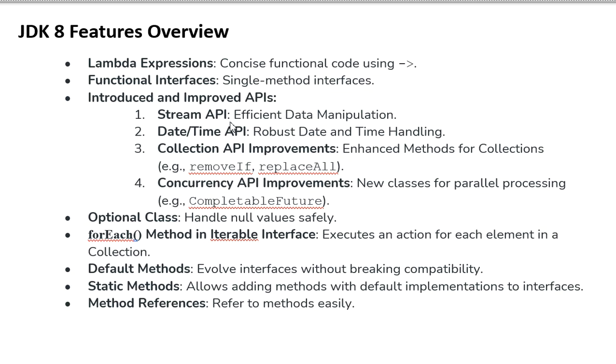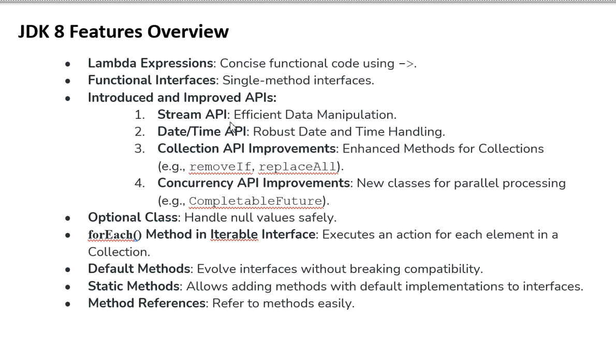We will discuss in detail the concepts and further. When coming to JDK 8 features, there are a lot of changes introduced, and among them some are major changes like lambda expressions and functional interfaces, and there are other changes as well.